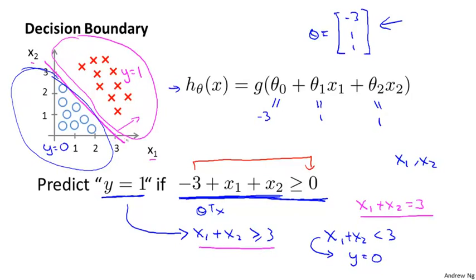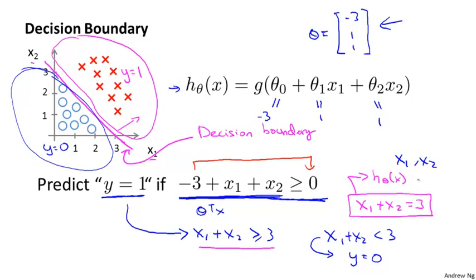I want to give this line, this magenta line that I drew, a name. This line there is called the decision boundary. And concretely, this straight line, x1 plus x2 equals 3, that corresponds to the set of points where h of x is equal to 0.5 exactly.